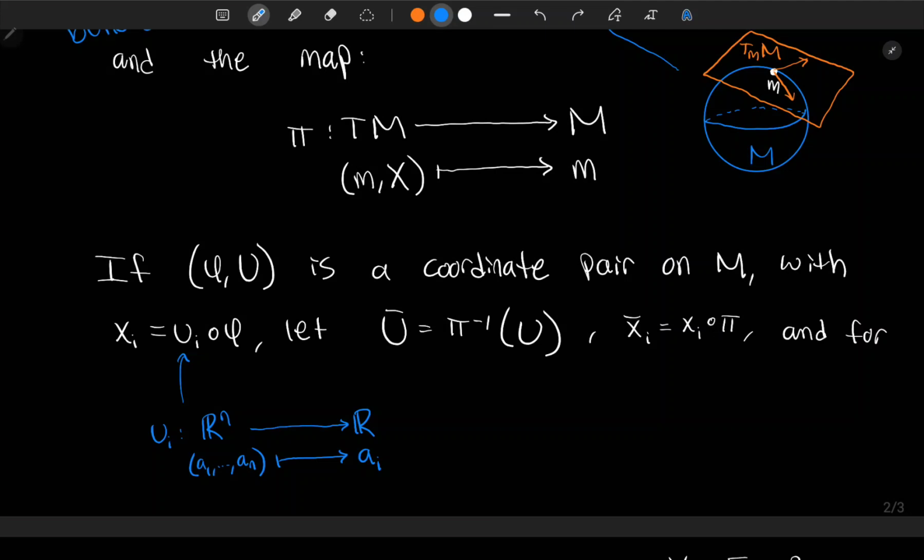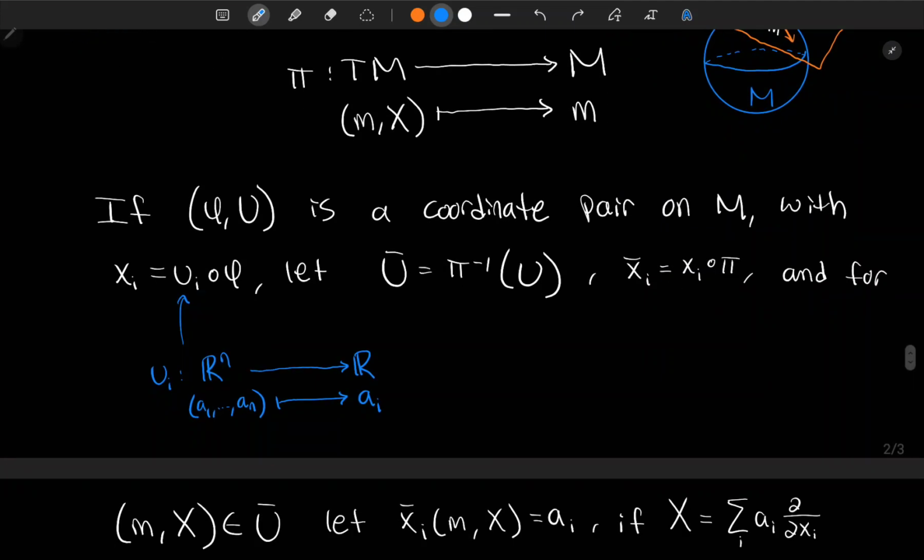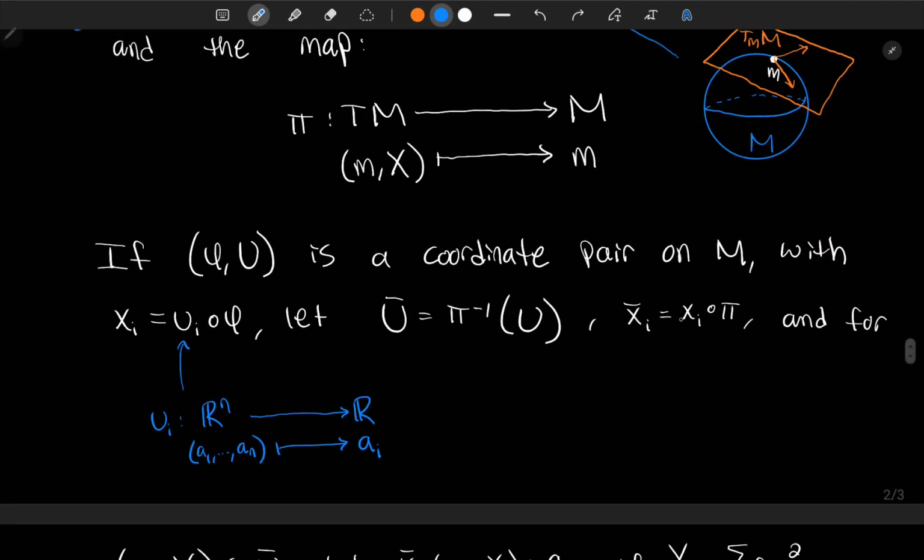So far we have two maps that we've defined. That is x_i, which is the composition of u_i and phi, and also x_i bar, which is just the composition of x_i with the projector map.